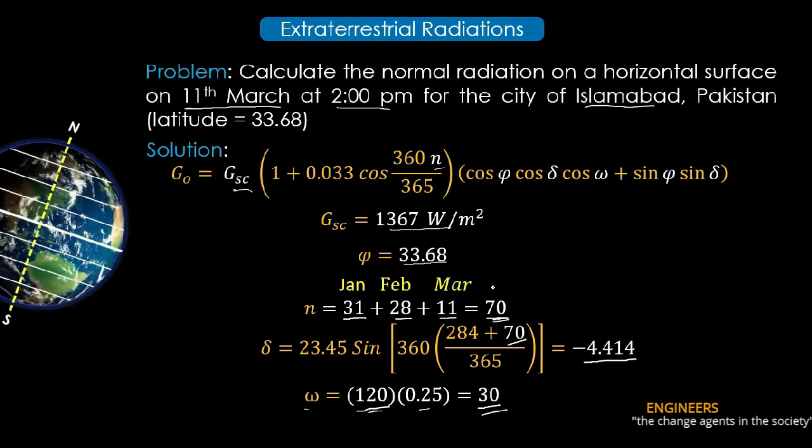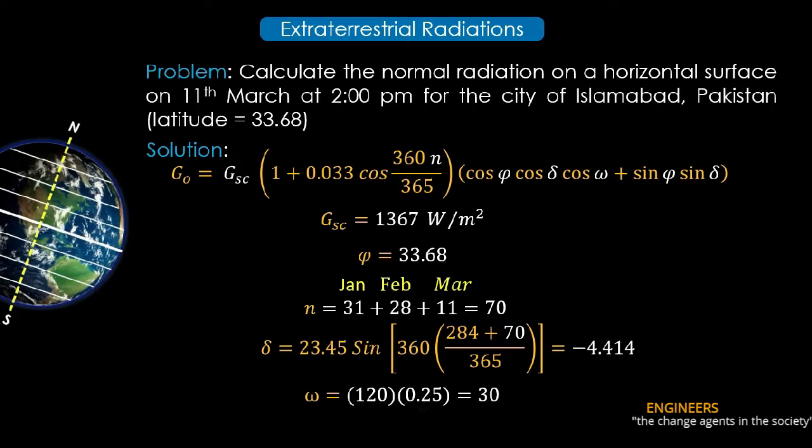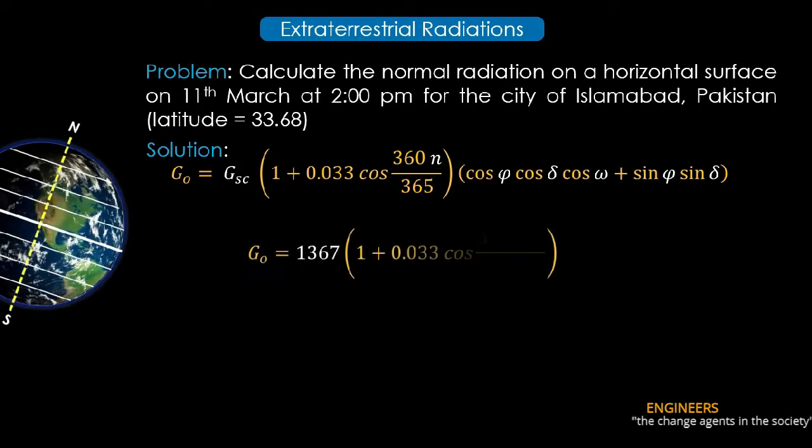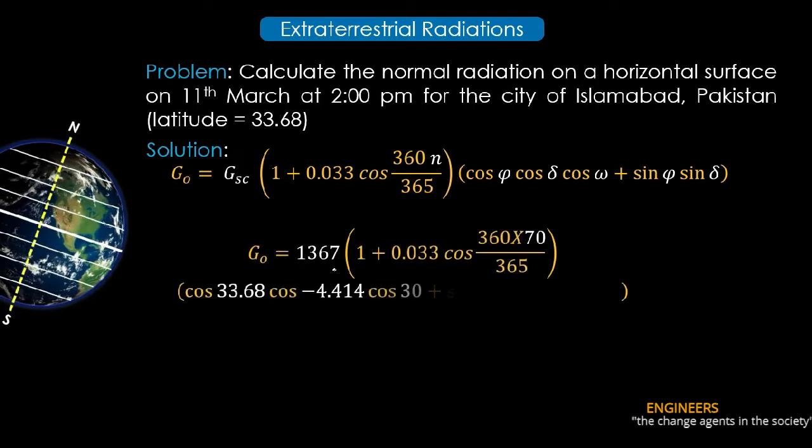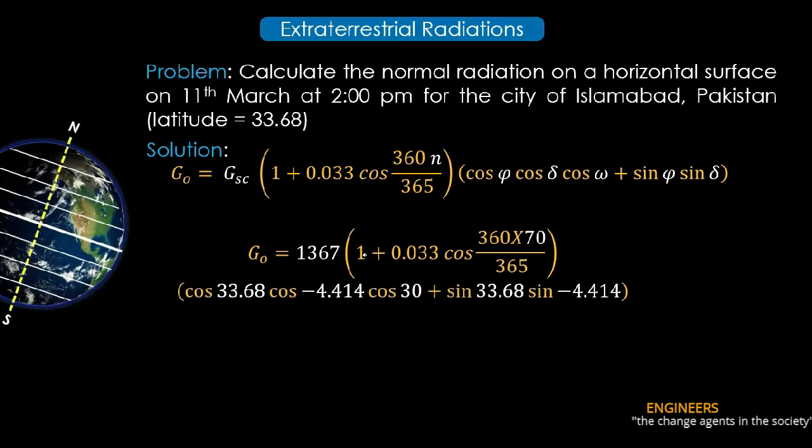So using these values in the expression, in place of GSC we are using 1367, n as 70, then the value of latitude, 33.68, and the value of declination, then omega, then sine 33.68, again the latitude, and the sine of minus 4.414, the declination.